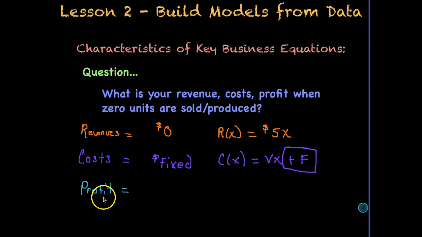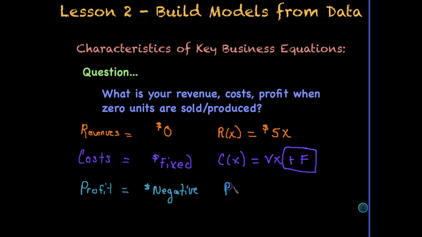Now let's think about our profit. Our profit is our revenues less our costs. Well, if we're not selling and we're not producing, we know that our revenues are 0, but we have fixed costs. So our profit is going to be negative. We are going to end up with a negative profit.